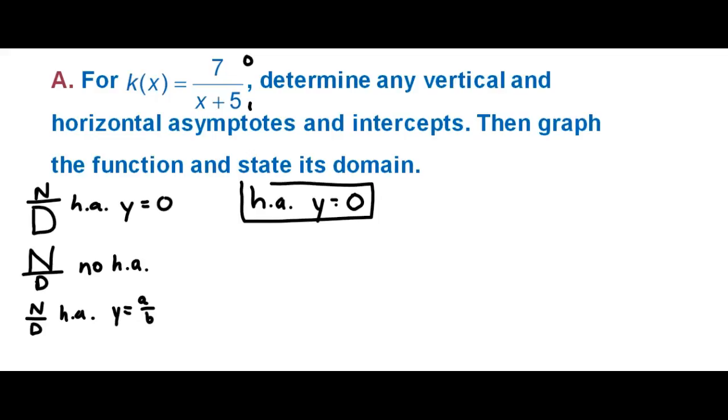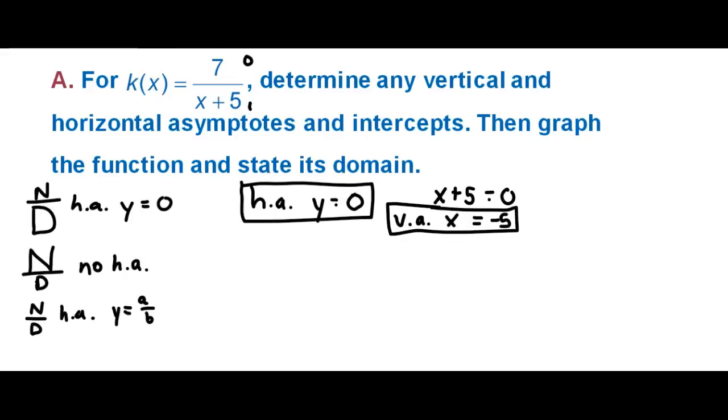Now, to find the vertical asymptote, we're going to figure out where the denominator is 0, which would cause the whole function to be undefined. To do that, we set x plus 5 equal to 0, which makes x equal to negative 5.